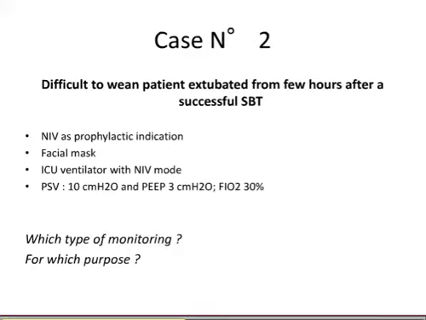Because he's extubated after several attempts of spontaneous breathing trial. There is some hypercapnia, long ICU stay, and so we consider that there is a risk of reintubation, but maybe not. I don't know. So, any suggestions?